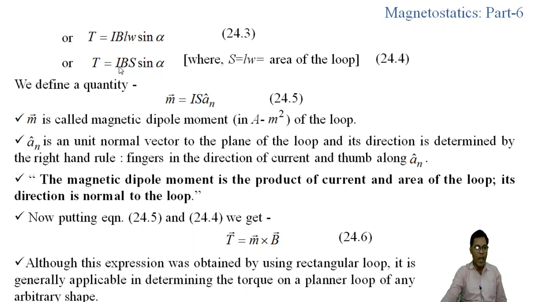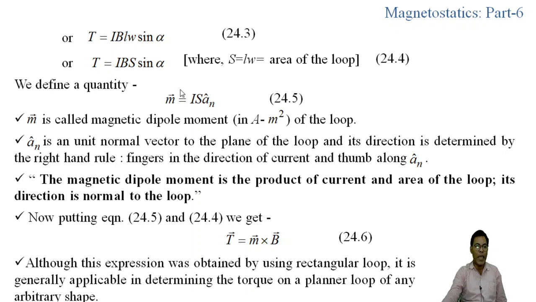Now this term I into S is defined by one variable, that is M. This M equals IS, and its direction will be normal to the area of the loop, that means the plane of the loop, so M equals ISN.